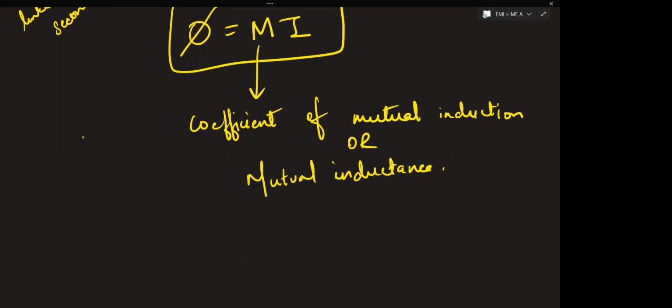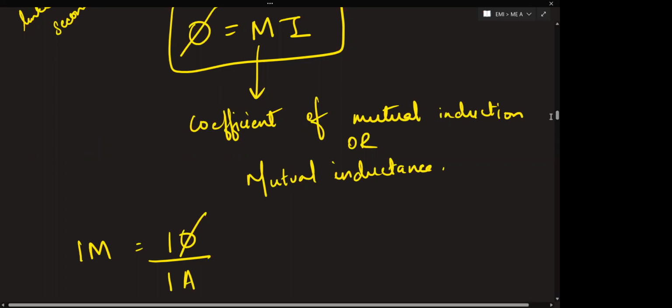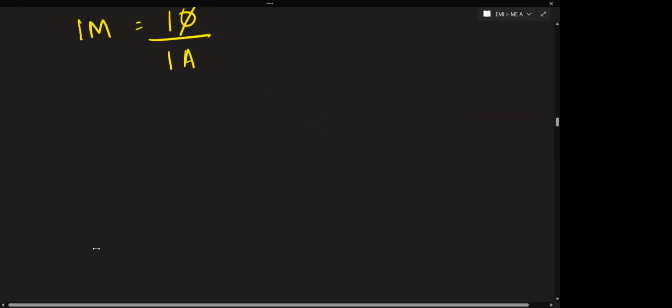If you have to define one mutual inductance, 1 M, how to define it? 1 M will be equal to 1 Weber flowing for 1 ampere of current. Now phi is equal to MI. EMF, sorry, not electric field, EMF is minus d phi over dt.